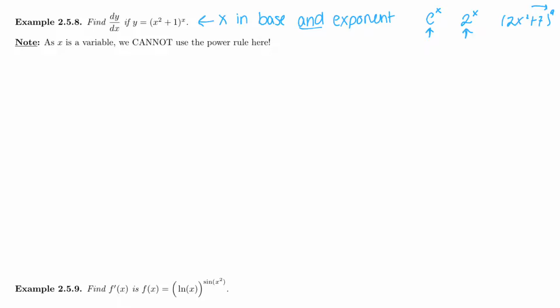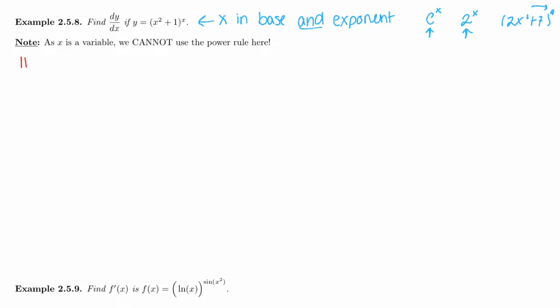We've never had a case where both the base and the exponent are an x. And in this case, you cannot use power rule. In fact, you are stuck with either knowing a clever algebra trick or logarithmic differentiation, which is basically the same thing as doing a little clever algebra trick. So you basically have to use logarithmic differentiation in this case.